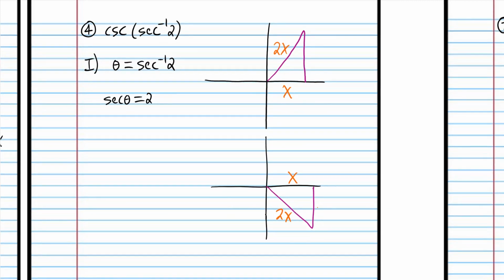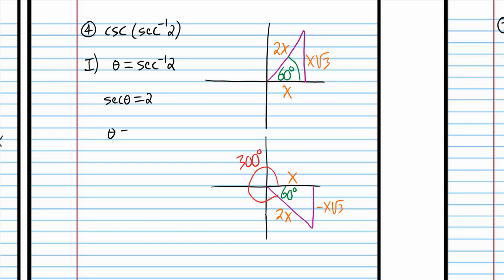And this side would be negative x root 3, and this side would be x root 3. So you probably recognize this ratio, 2/1, as a 30, 60, 90 degree triangle. So the angle opposite x root 3 is always 60 degrees. So our reference angle is 60 degrees. The angle in the first quadrant would be 60 degrees, and the angle in the fourth quadrant would be 300 degrees.